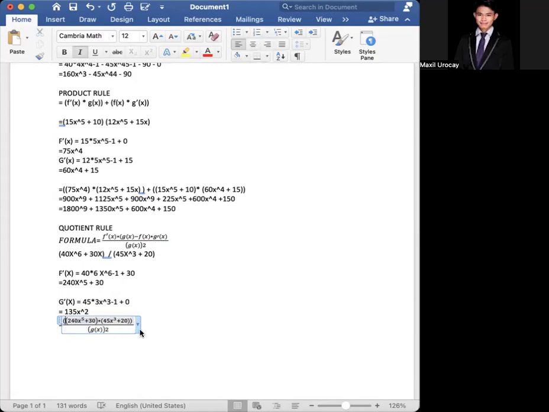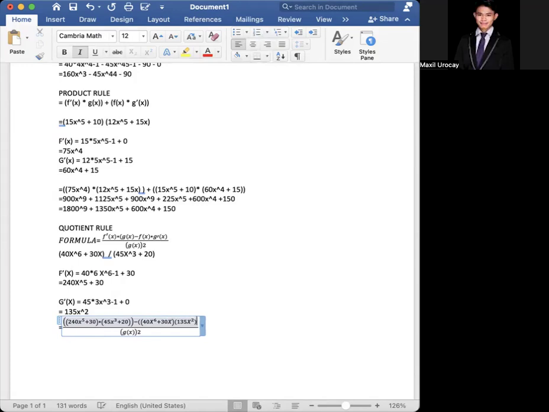open parenthesis. Now afterwards, you will do here minus, because this is another, and your f of x is 40x to the power of 6 plus 30x. Then afterwards, your g prime of x is 135x to the power of 2.